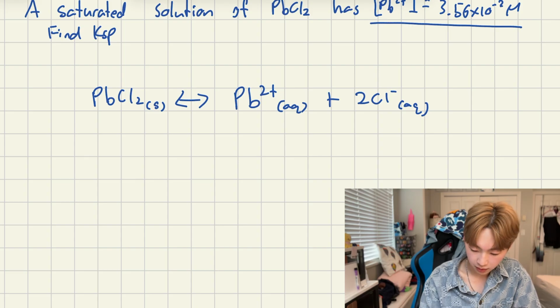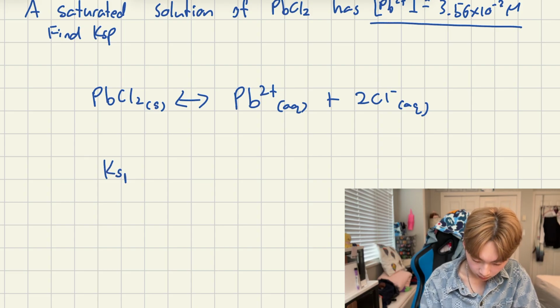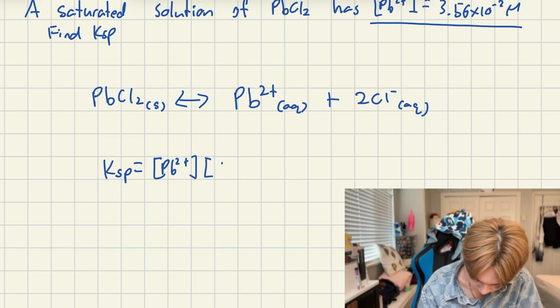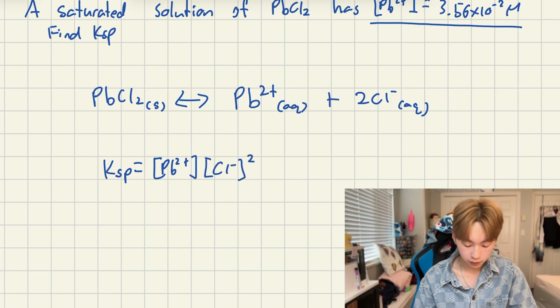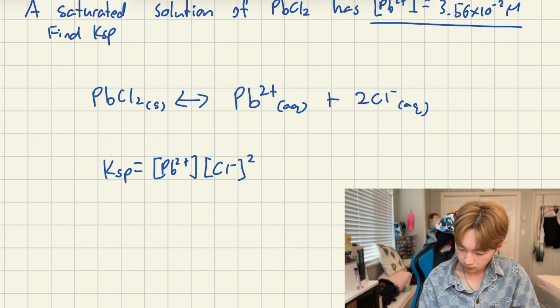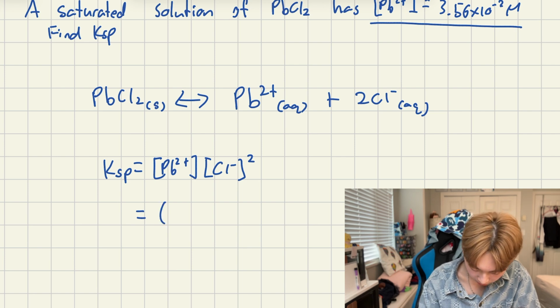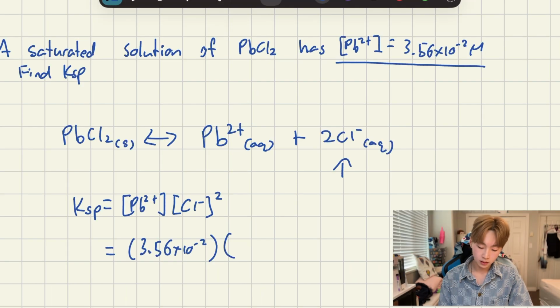Now we write our KSP expression, which is equal to our products. Make sure to raise that to the power of 2. It tells us our first concentration. Our concentration of Cl- is still unknown, but we made our assumption saying that the solution was made purely by dissolving our solid.